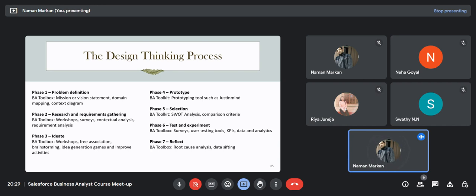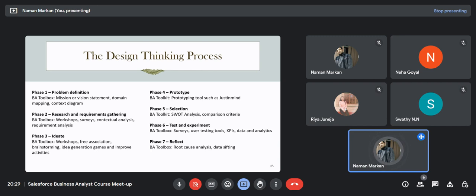Once it's been finalized, then you move forward with the prototype, because you need to transform your ideas into final prototypes, right? So how can you generate an idea? With the help of workshops, or you can have some kind of association, some kind of brainstorming, idea generation games, these kinds of improvement activities.